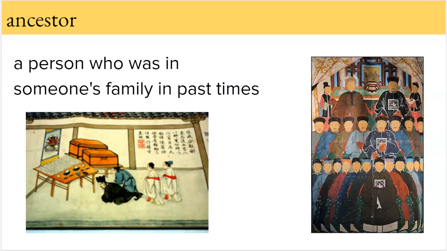Ancestor, a person who was in someone's family in past times. You could refer to your grandparents as an ancestor, your great-great-great-grandparents as an ancestor. And this becomes important, as you'll read in 10.1, because the Chinese paid a lot of respect towards their ancestors.